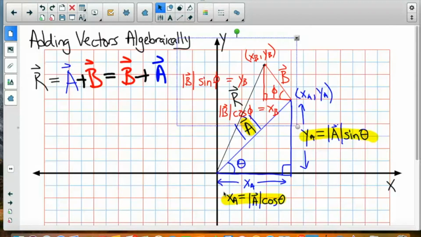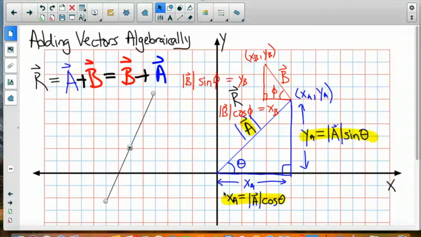For the resultant vector, I basically am going to find the y and x components.